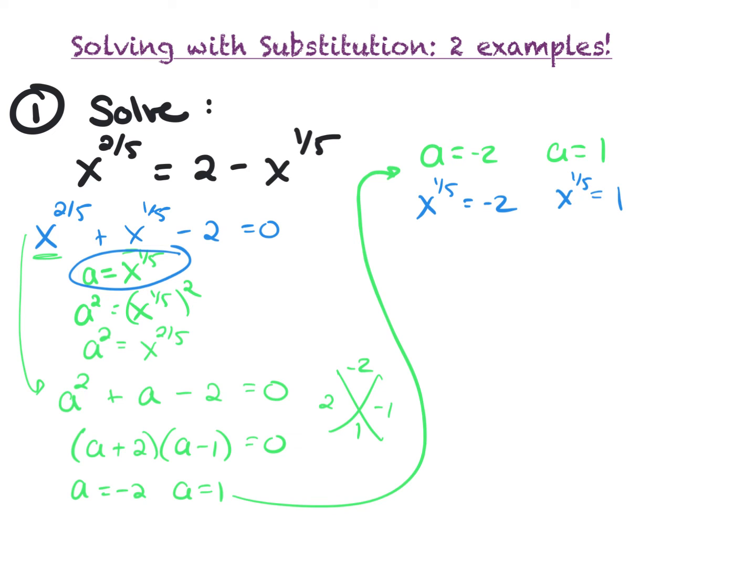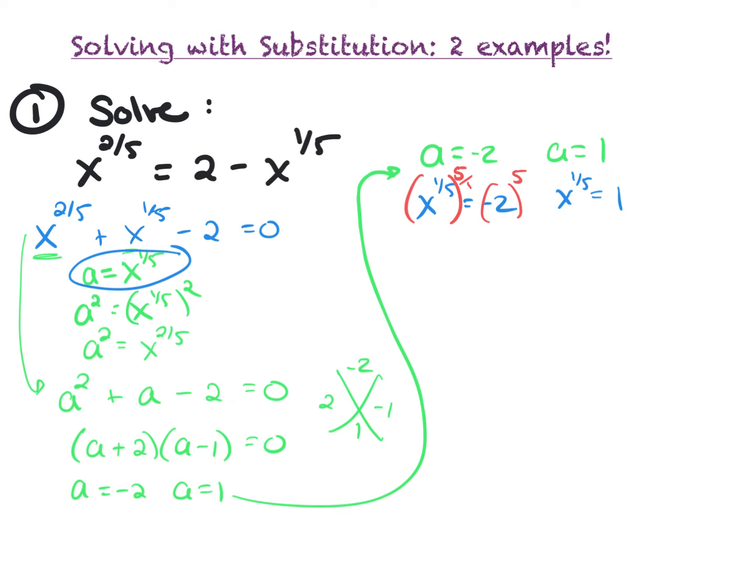Fabulous, almost done. The very last thing to do is to get rid of the x to the 1/5 power and make it just an x to the 1 power. The way we do that is we raise the 1/5 power to the 5, or 5/1. We have to do the same thing to both sides.